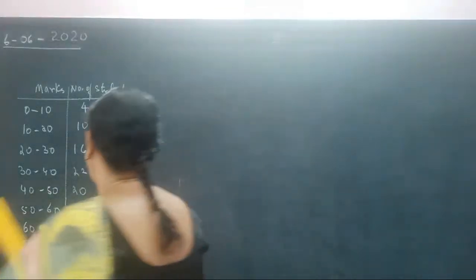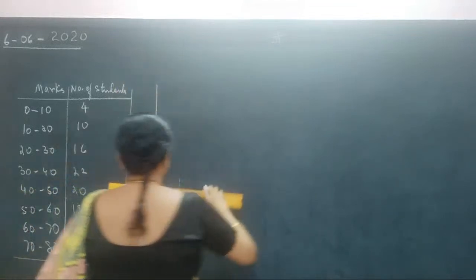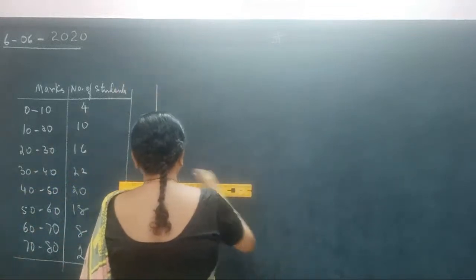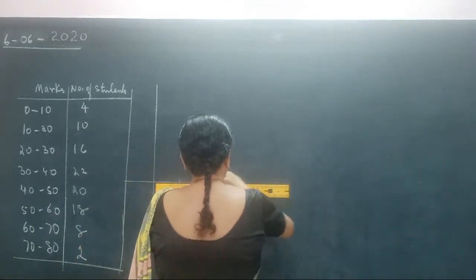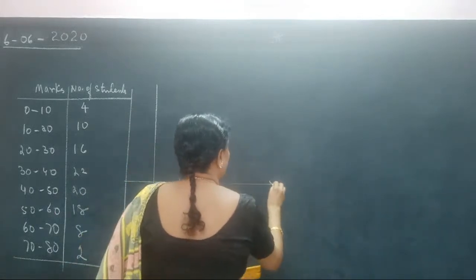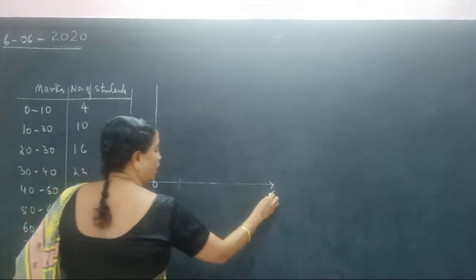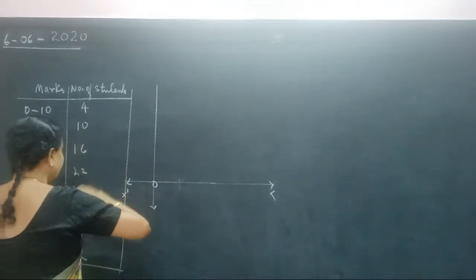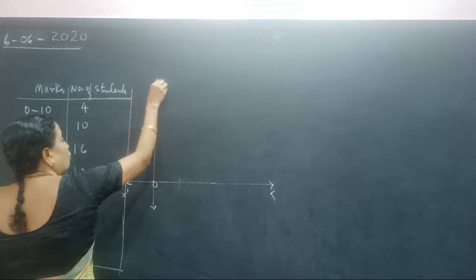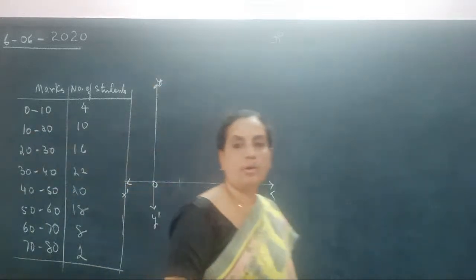Take the scale and pencil, and plot the axes perpendicular to each other: X'OX and Y'OY.